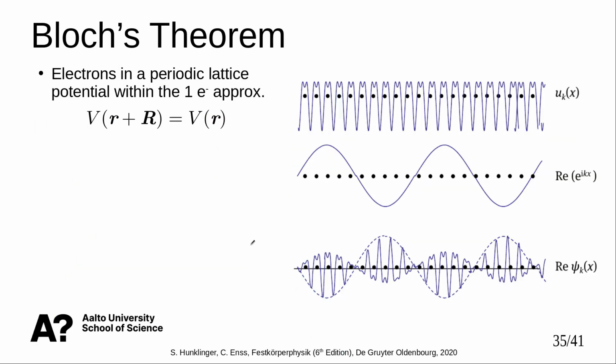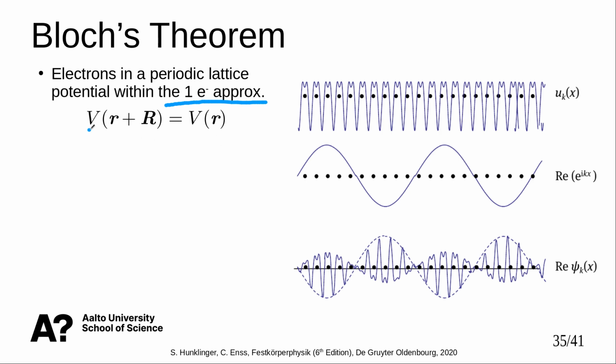Okay, one thing in regard to the reciprocal lattice and solids is the Bloch theorem. So what does the Bloch theorem say and why is it so important? The Bloch theorem starts from the concept that we have electrons in a periodic lattice potential, which equals a one-electron potential approximation.